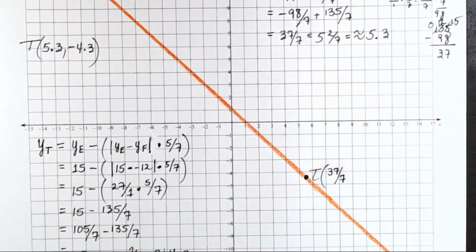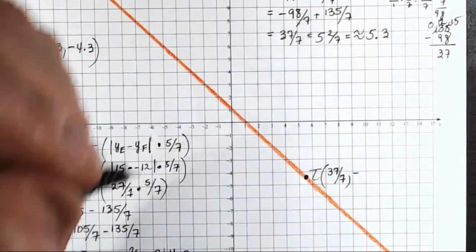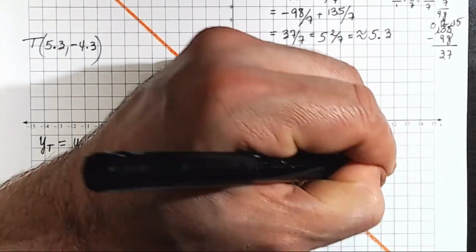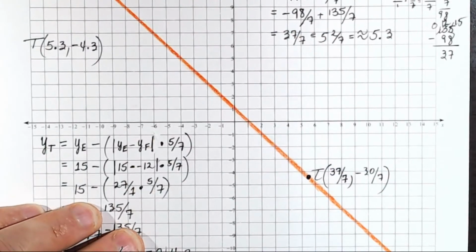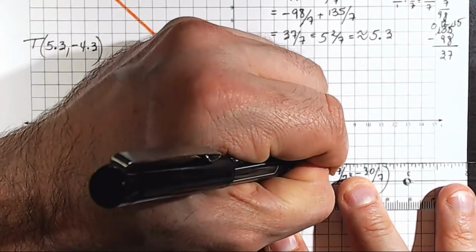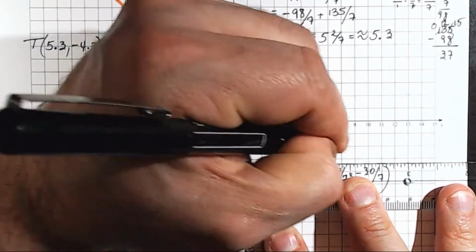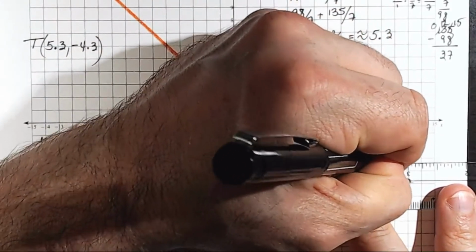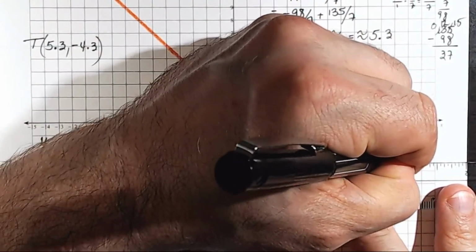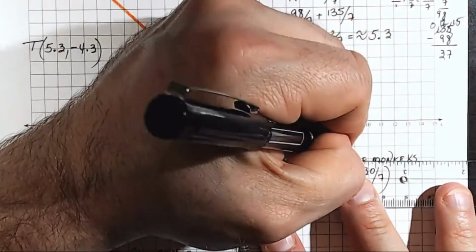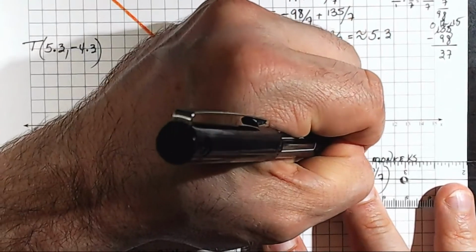This is the exact value, comma, and then negative 37 over 7. And that is the 3 little monkeys. Three little monkeys, and that is where we're going to rest. Okay, 3 little monkeys, and this is our rest stop.